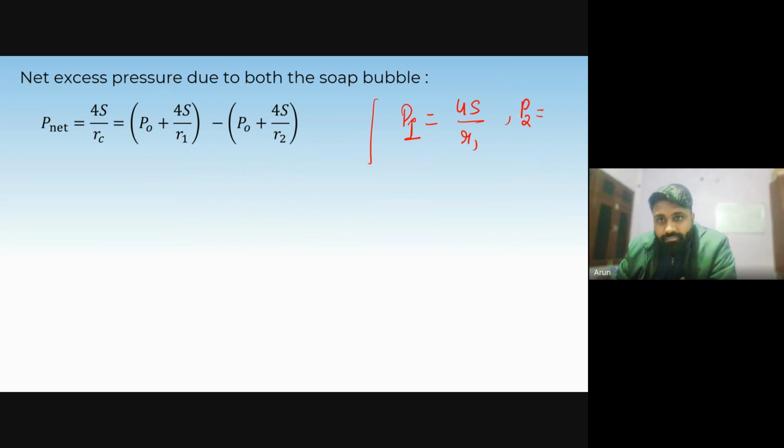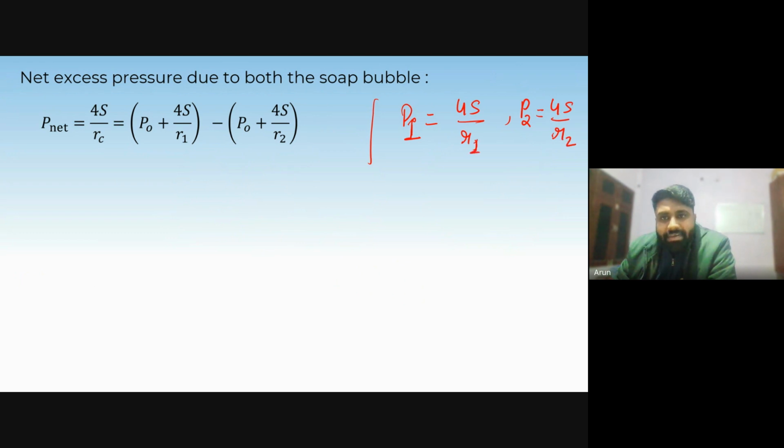Okay, and surface means specifically the interface, that thin film, which is not changing. It is not like when two soap bubbles merge the material of soap will change, which would change the surface tension. Here the material is the same, soap bubbles come closer and make another soap bubble. So P2 here will be 4S upon R2.